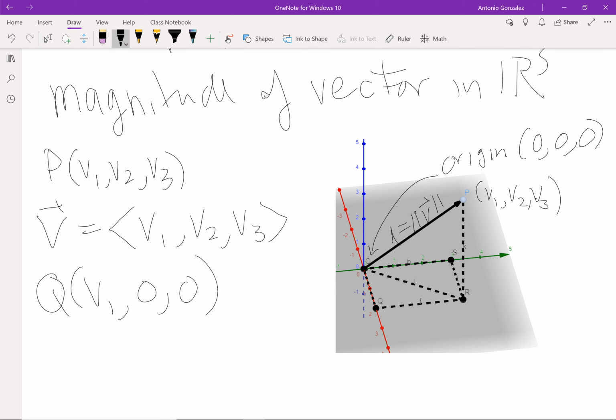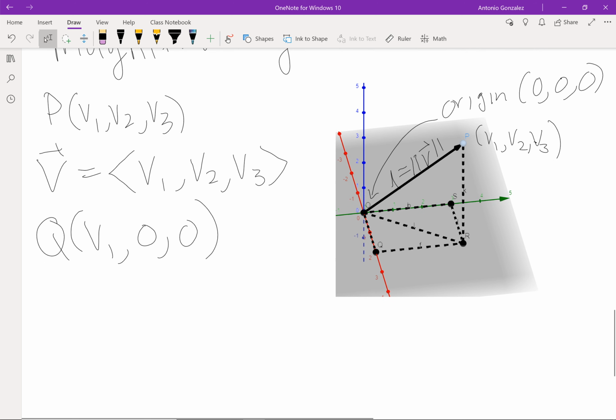Now the point S is on the y-axis, and that would have value 0, V2, and 0.